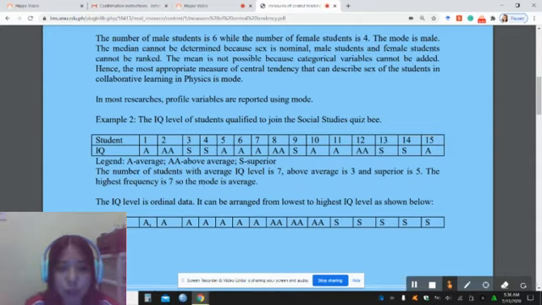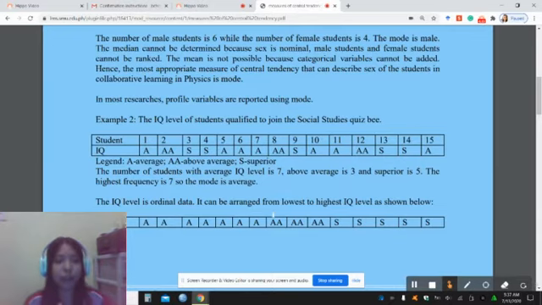Let's count 1, 2, 3, 4, 5, 6, 7, 8. So the center is above average. Let's do it again, 1 to 8. So the median is above average.